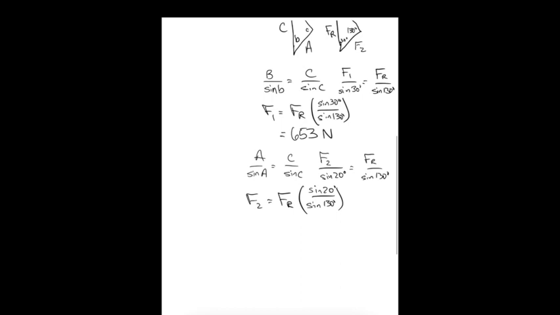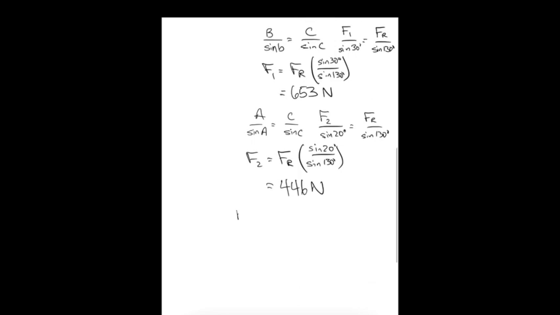Solve for F2, and we find that F2 is equal to 446 newtons. So, our answer, we want to know what F1 and F2 were. F1 is equal to 653 newtons, while F2 is equal to 446 newtons.